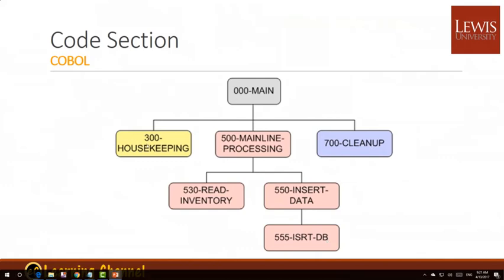So you use the 100 digit for larger modules, and inside 500 you have 530 and 550. Inside 550 you have 555. So you use a 3-digit code to classify and line up your code into different sections.